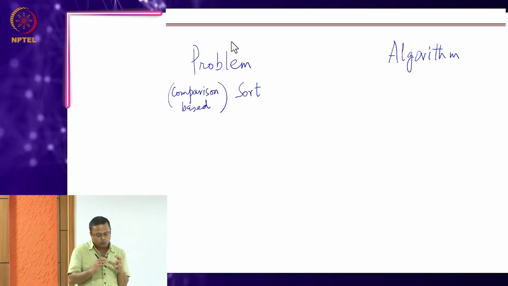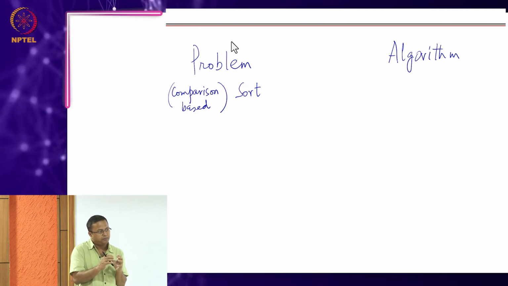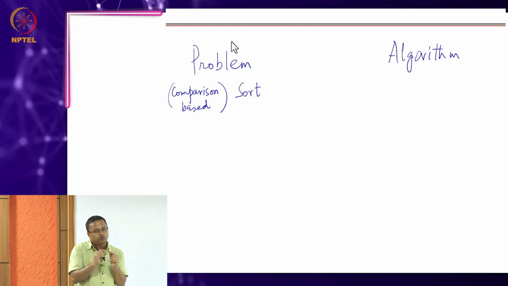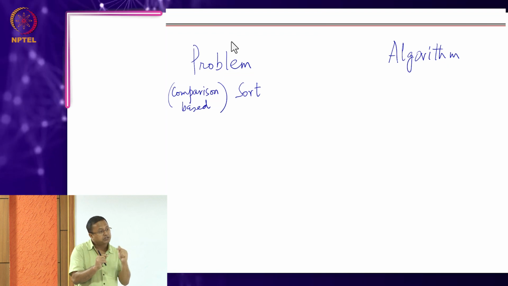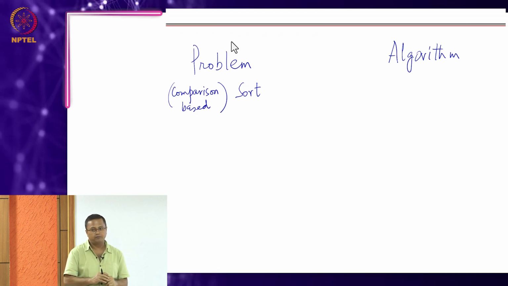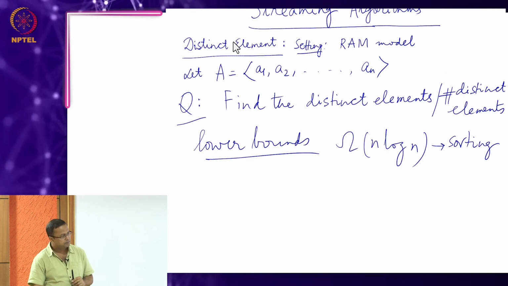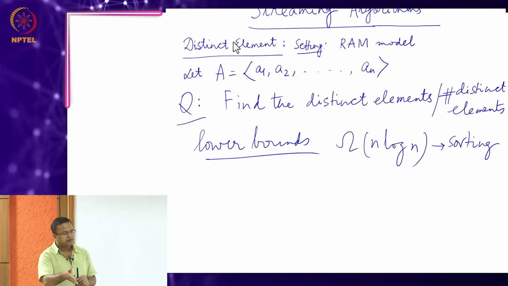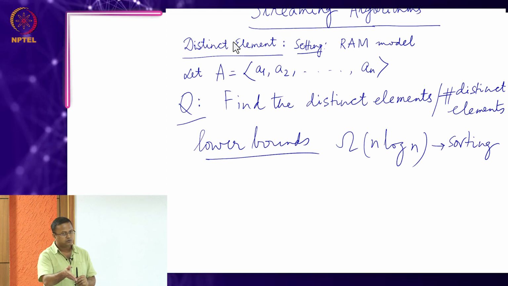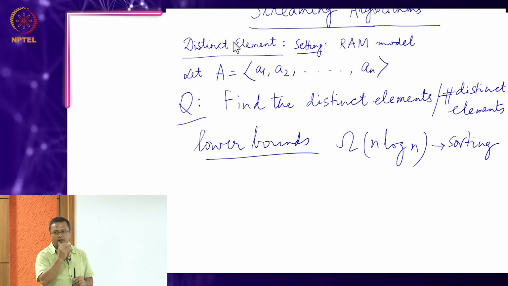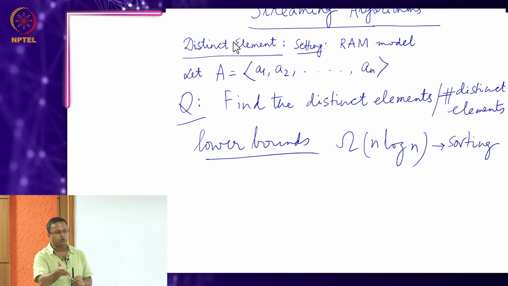So, the moment you want to solve a problem, what becomes very crucial is the machine in which you are solving the problem. Look into this distinct elements problem. It is pretty easy to solve this when you are in the RAM model, right? It is almost a no brainer.